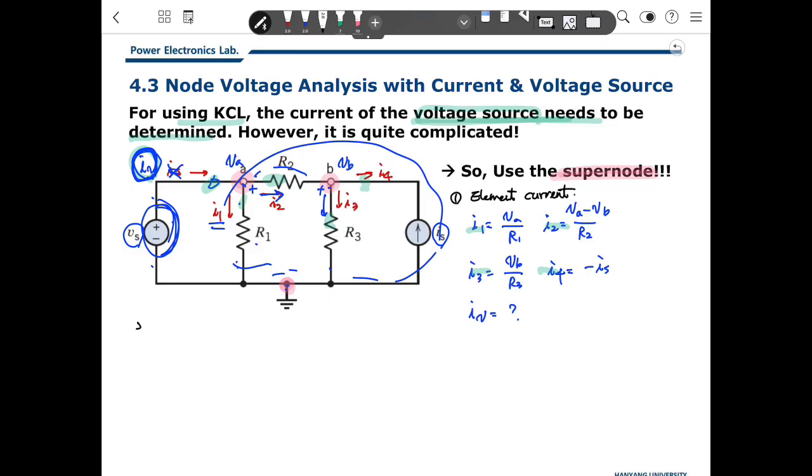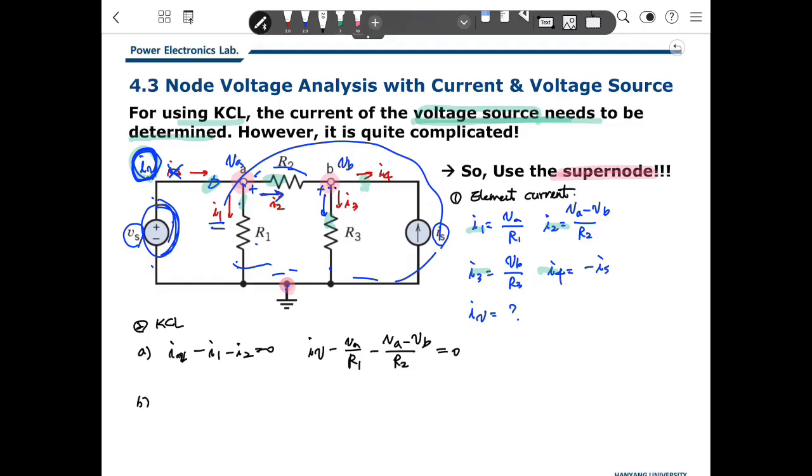So anyway, if we use KCL, what is node A? IV minus I1 minus I2 should be 0. So IV minus VA over R1 minus (VA minus VB) over R2 is 0. And what's node B?